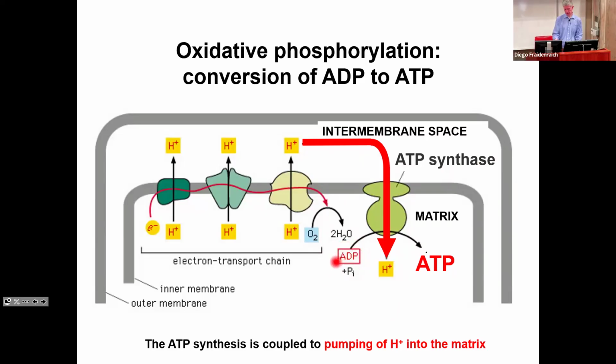So adenosine diphosphate has two phosphates, so there is a third phosphate because it's adenosine triphosphate, and this would be the energy providing compound. Okay, and all these processes are coupled to this pumping of the protons from the intermembrane space to the matrix.